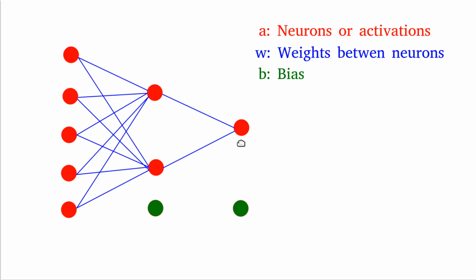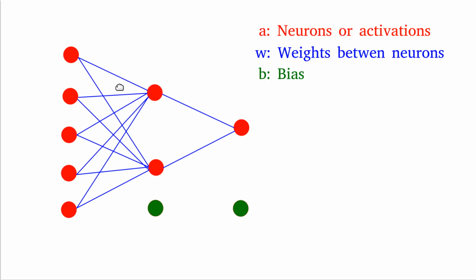So I have some set of input neurons, and then I have another hidden layer of neurons, and each neuron in a given layer is connected to every other neuron in the following layer, and that's what these lines represent. These are called weights. They're weights between the neurons.